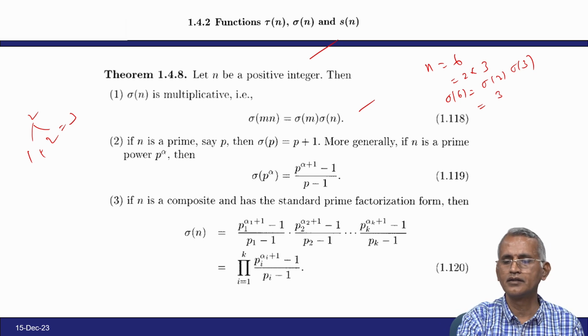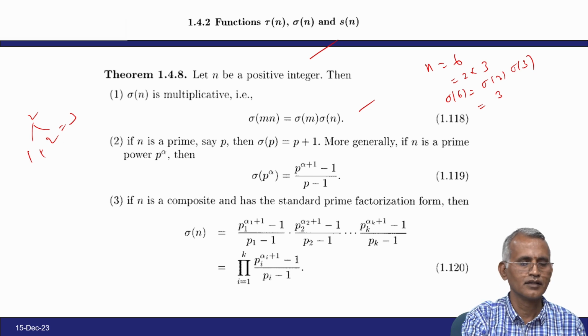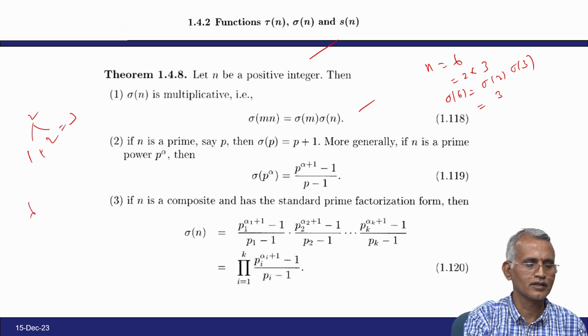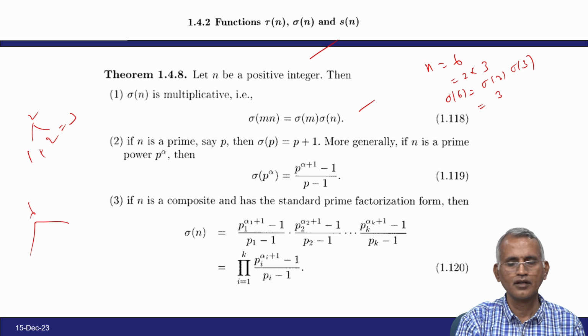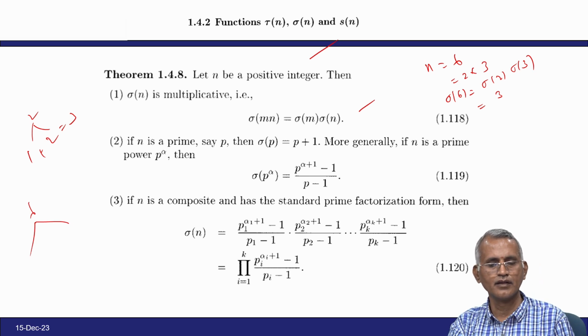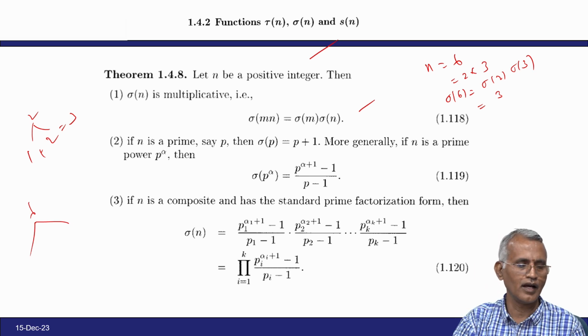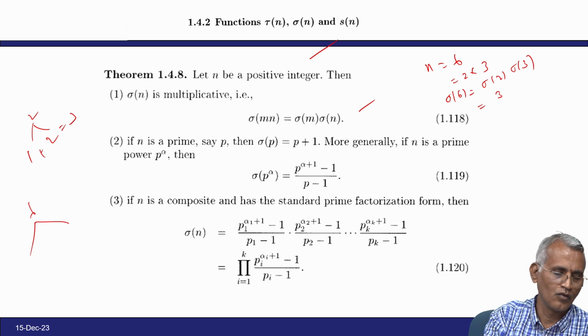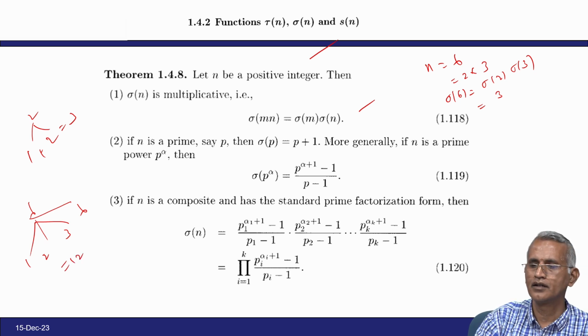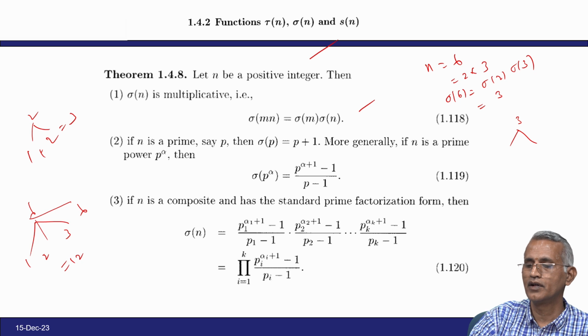and this one, 6, you take it, what are all the divisors? Say we have 1, 2, 3 and 6. So, we have 12, and then you have to take 3, the divisors are 1 and 3.